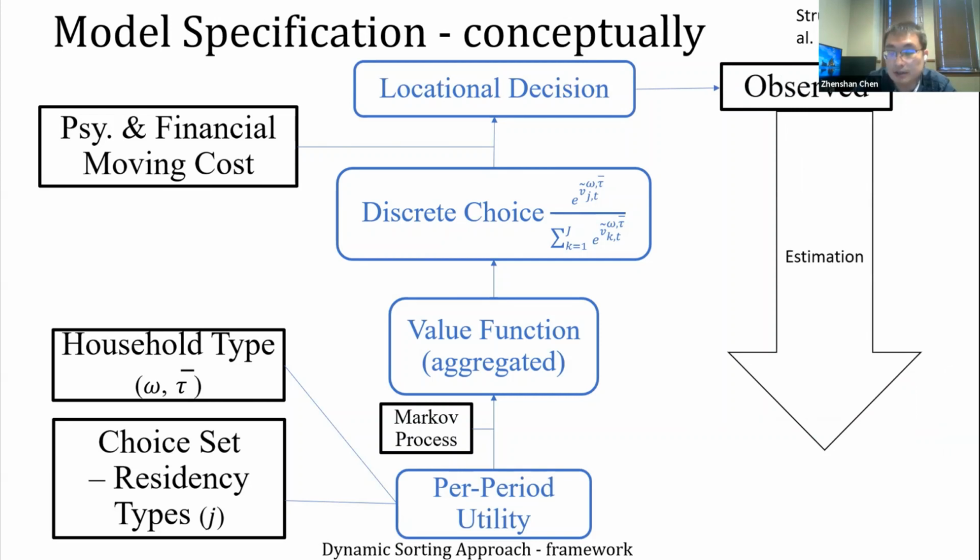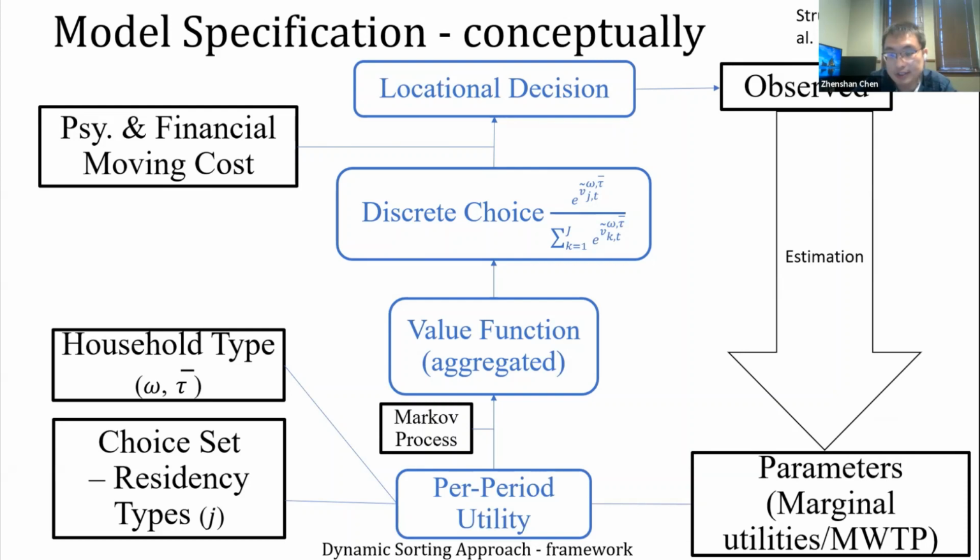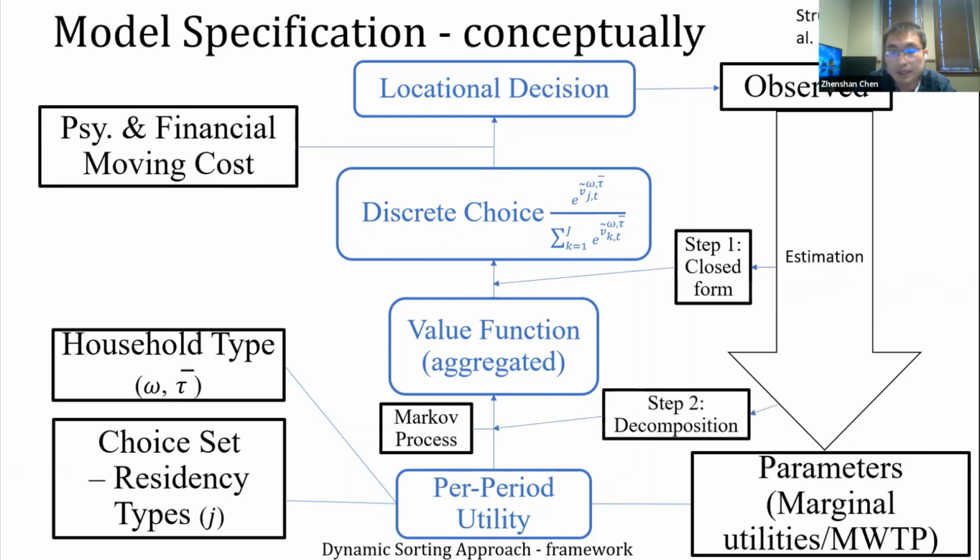That's what's observed. We need to back out the parameters in the property with that locational decision. So the process will be split into two steps. The first step is to use the location decision to estimate the value functions of dwelling in each residence type. Then with the value functions, we do some decomposition of that into a flow utility.